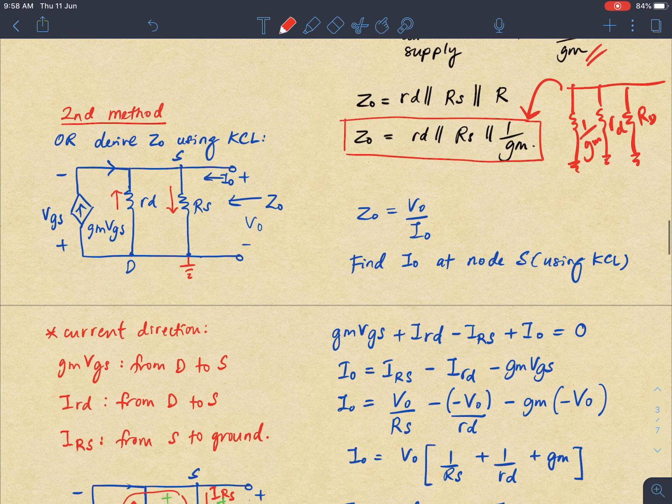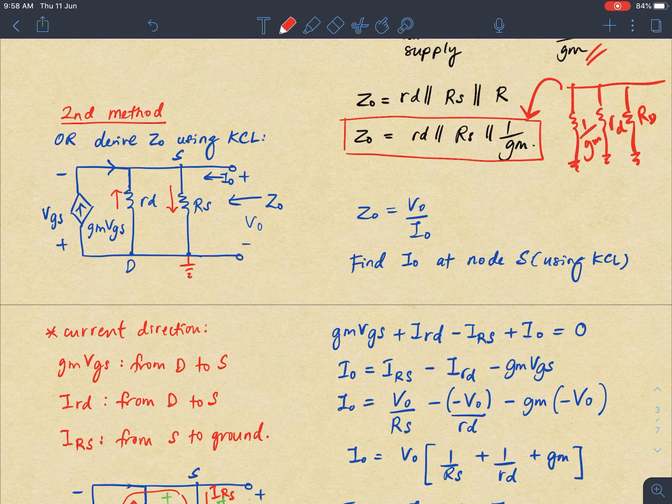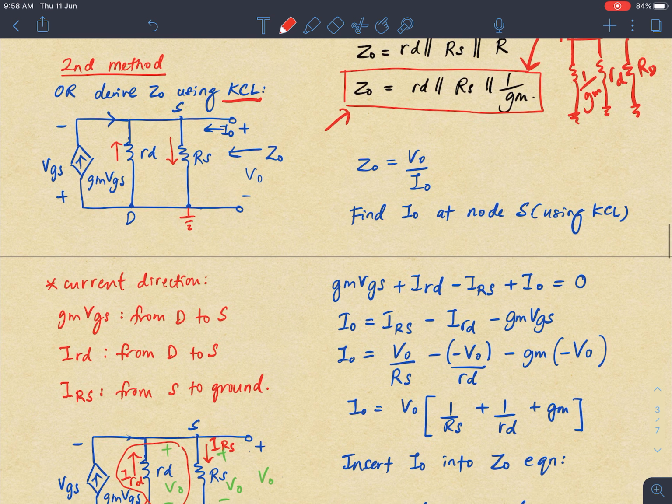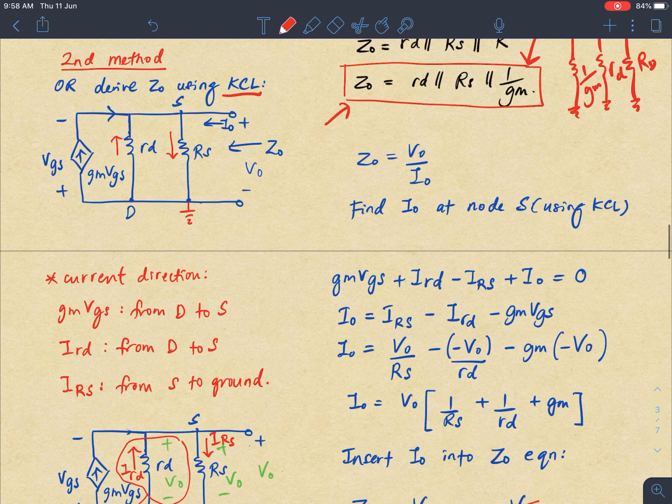Alright, the second method uses KCL. This method is quite long, but it can prove the answer is the same as the first method. I will show you step by step. Take a look at this figure, where we have all the directions for the current.